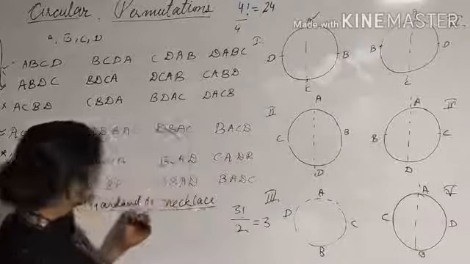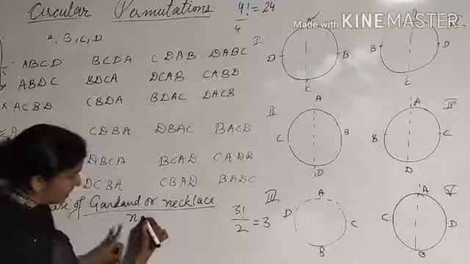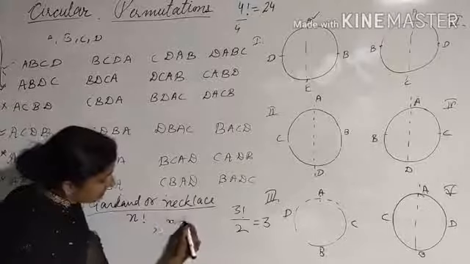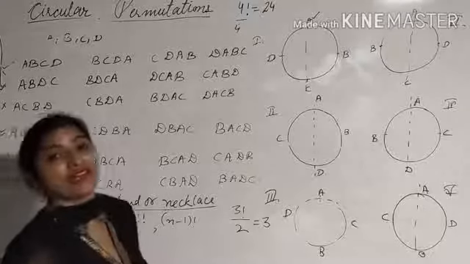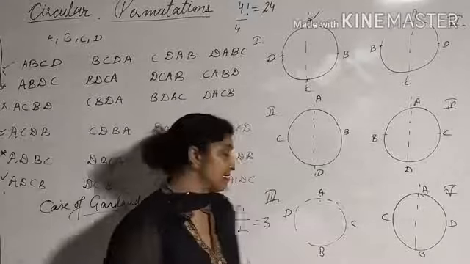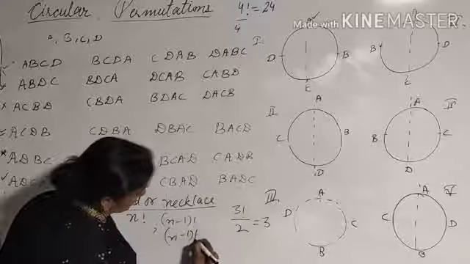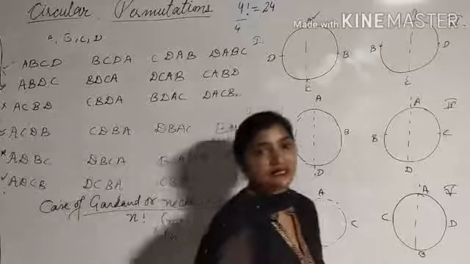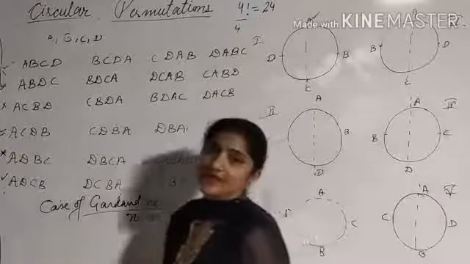If the number of objects is n, total linear arrangements are n factorial, circular arrangements are n minus 1 factorial, and the number of garlands or necklaces will be n minus 1 factorial divided by 2. So the number of arrangements will be half in case of a garland or a necklace.